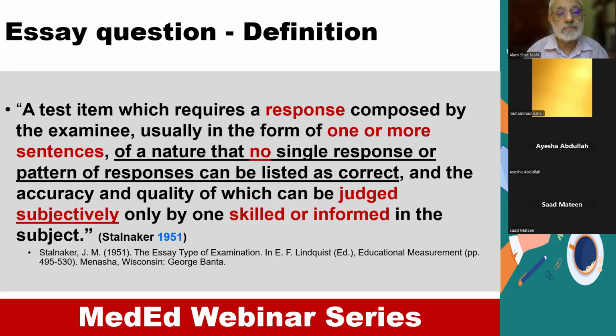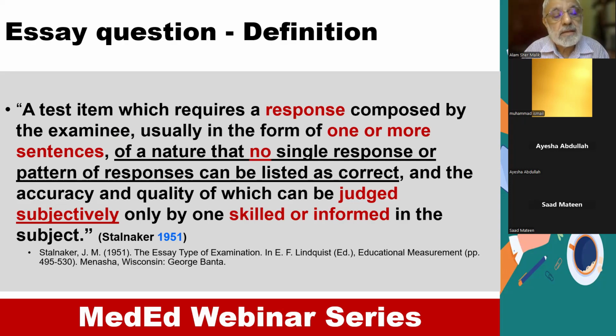So this is the first part of the definition, that the examinees have to answer in the form of sentences. So they have to write the response rather than choose the response.